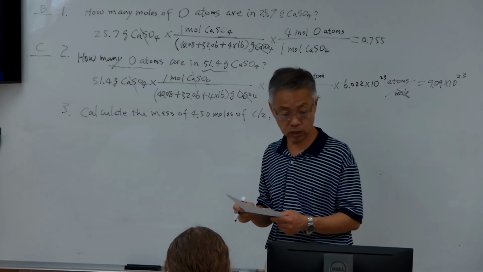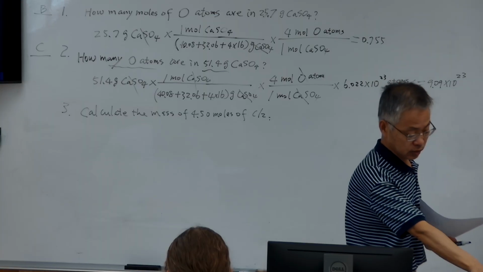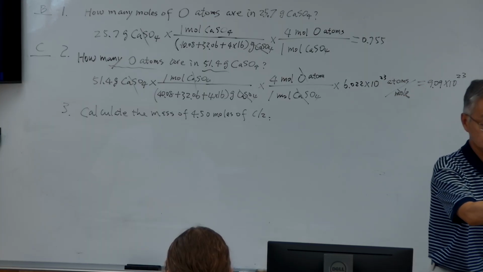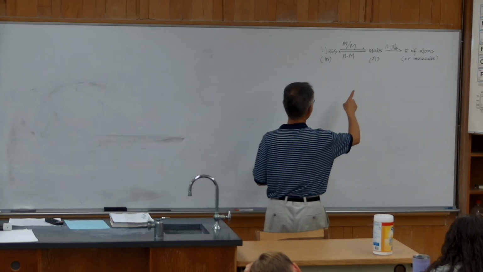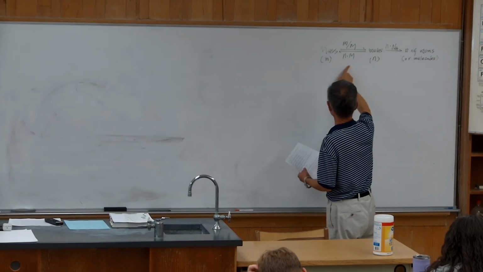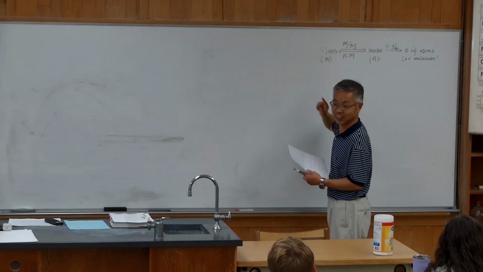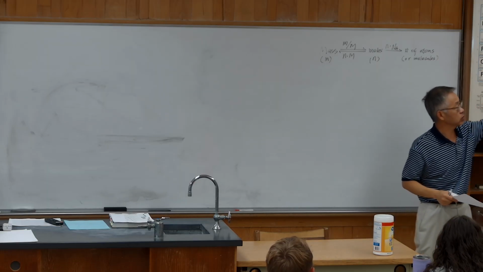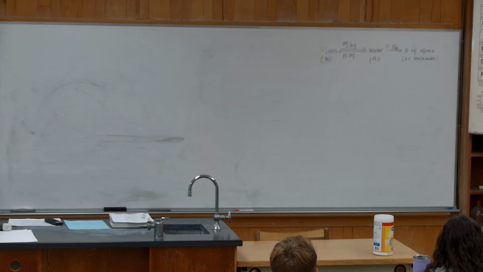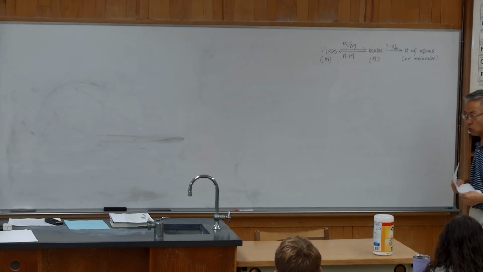It tells you moles and asks for mass, so this is very easy, right? In this chart, whenever it tells you moles and asks for mass, then moles multiplied by molar mass, right? What is the molar mass of Cl2? Take a look at the table. Cl is 35.45.